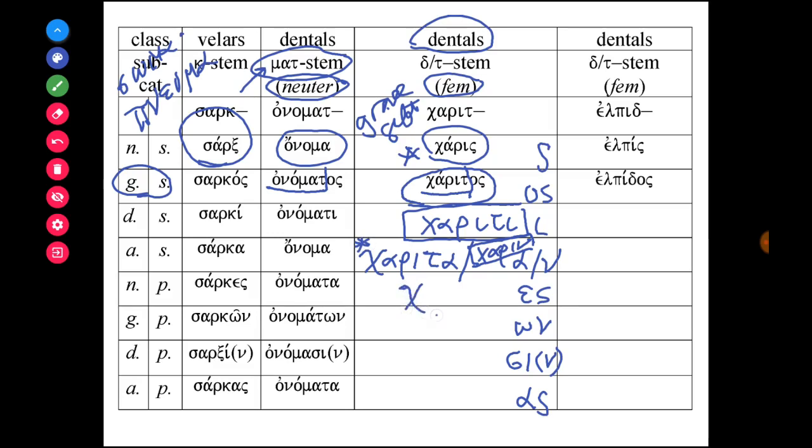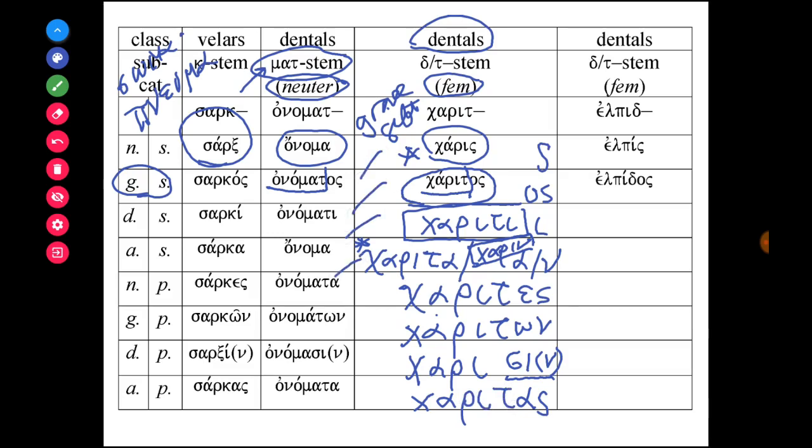We also have charites, chariton, and when we add a sigma to a tau, remember the tau drops off, so this form is charisin or si, and the plural form in the accusative is charitas. So if we were to say the forms, it's charis, charitos, chariti, charita or charin, charites, chariton, charisin, and charitas.